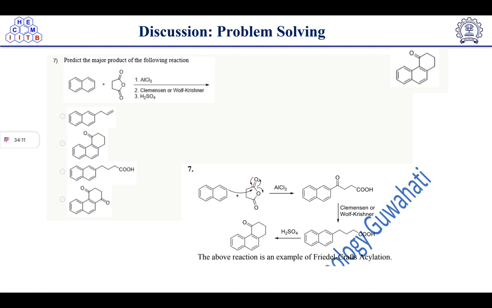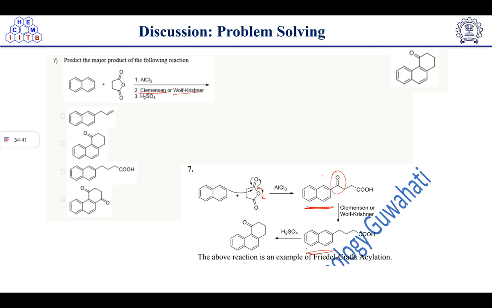Now after that, it will push back electrons, and this ring will open to give this type of intermediate. Now Wolff-Kishner reduction or Clemmensen reduction will take place to reduce this carbonyl center, and we'll get this one. So here Wolff-Kishner or Clemmensen is given. Both will reduce this carbonyl group, and it will give this type of product.